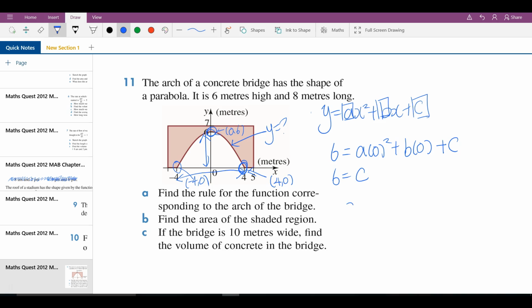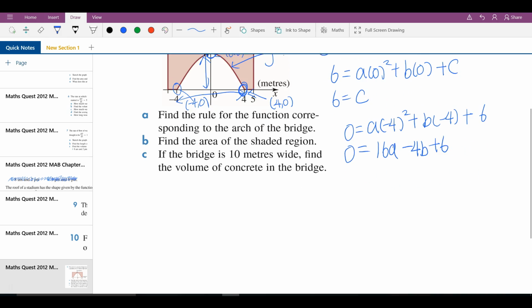So 0 equals a multiplied by -4 squared plus b multiplied by -4 plus c, which is 6. So 0 equals -4 squared, which is 16, 16a, b times -4 is -4b, plus 6. Alright, so that's one.